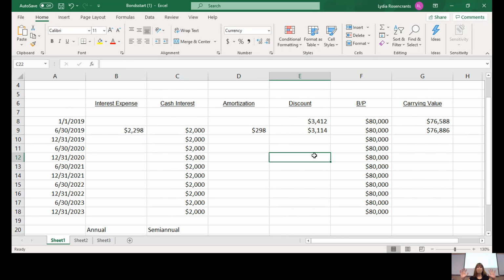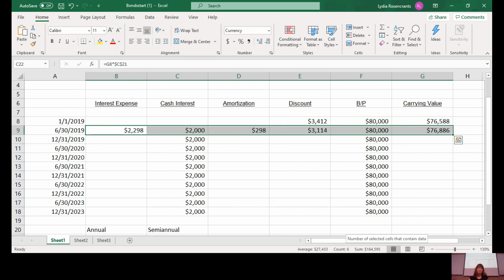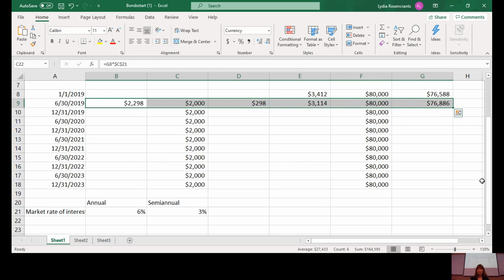All right, so we now have a full line, and I probably should have just waited to do these. So we'll just redo them. Okay, so what you want to do is highlight all the way from B9 to G9.